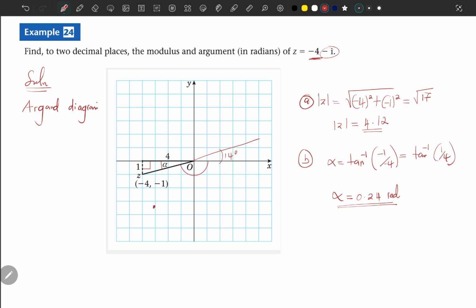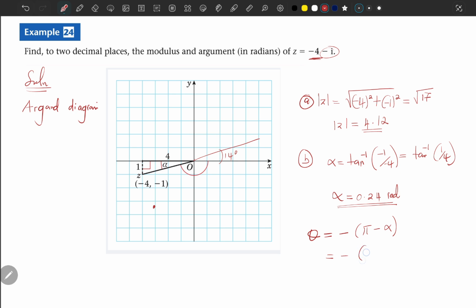So what do we do? What do we do in that case? Well, here's what we do. The theta that we are looking for, or the argument rather, in the third quadrant, you always do this. It will be negative, then you say pi minus the reference angle. That's all. If you're looking for the angle in radians in the third quadrant, here's what you do.